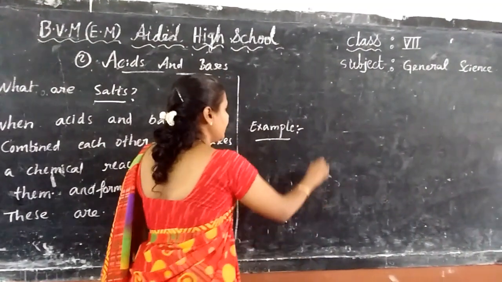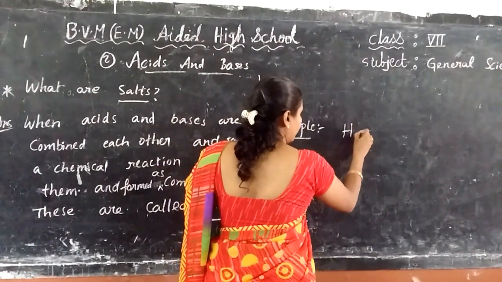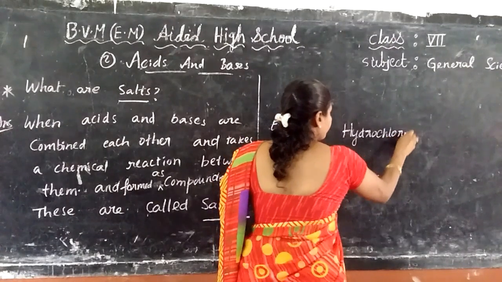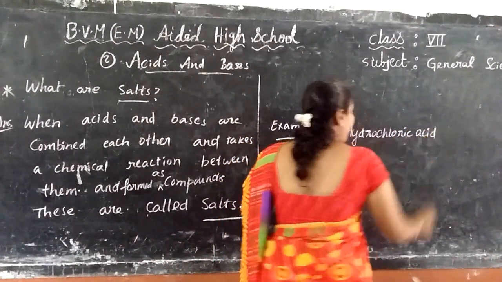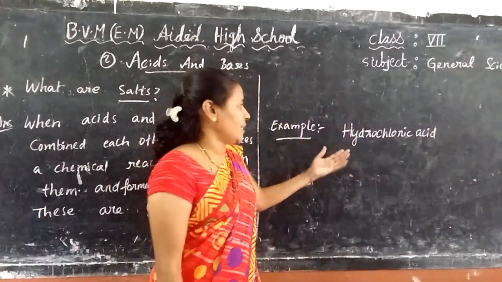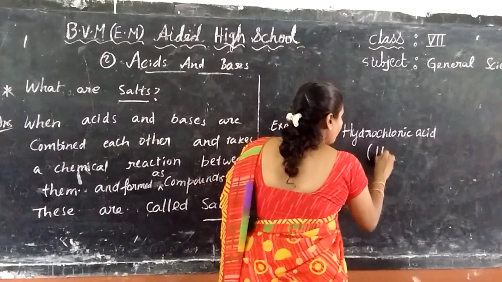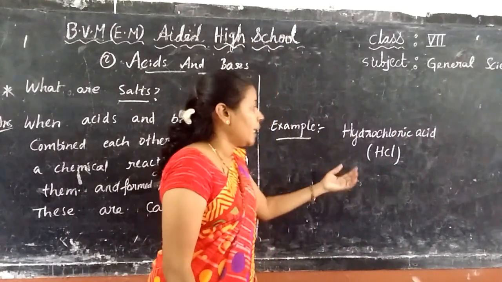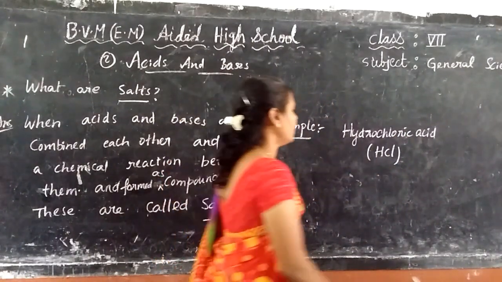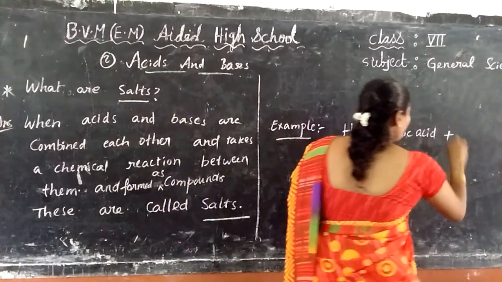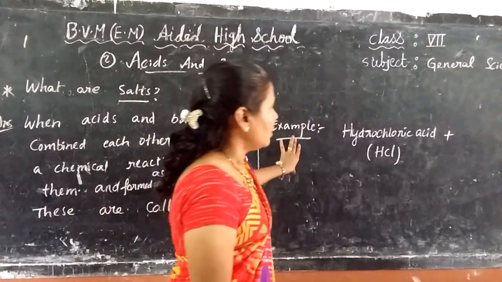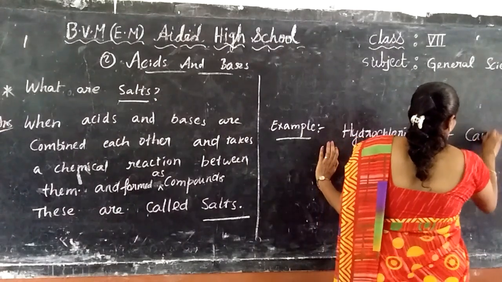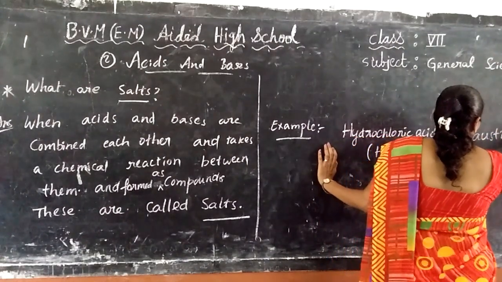For example, I am taking hydrochloric acid. This hydrochloric acid has acidic nature. The chemical formula for hydrochloric acid is HCl. And another substance of basic nature I am taking is caustic soda.